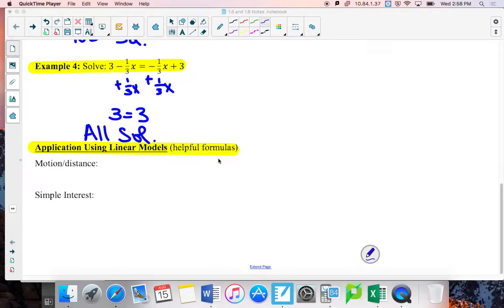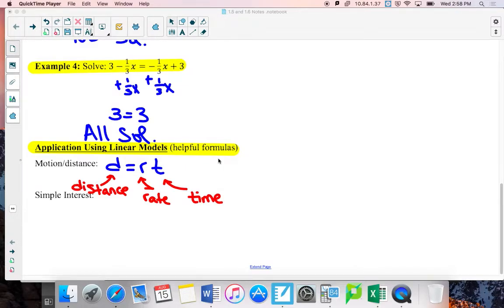We're going to give you some formulas here just to help when we go through some word problems. The motion or distance formula, d equals r times t. d represents your distance. r is your rate. And t is time. We also have a simple interest formula.